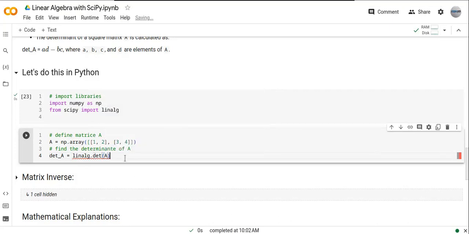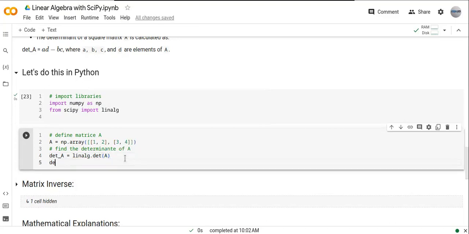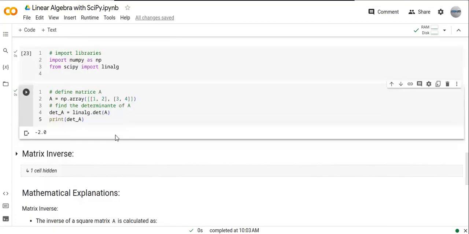Okay, now we can see the result of this determinant of matrix A. That is -2.